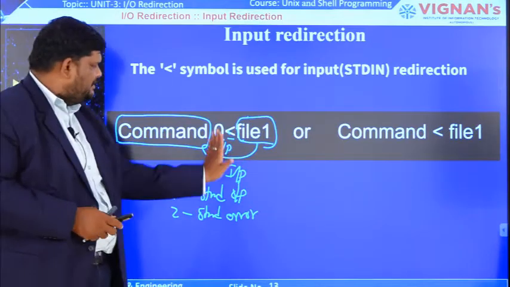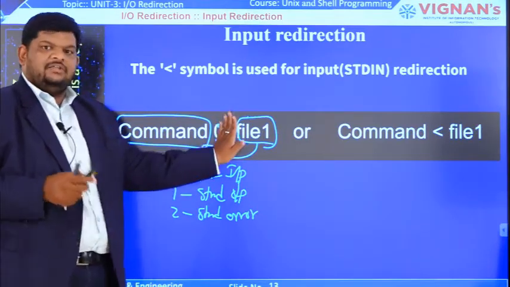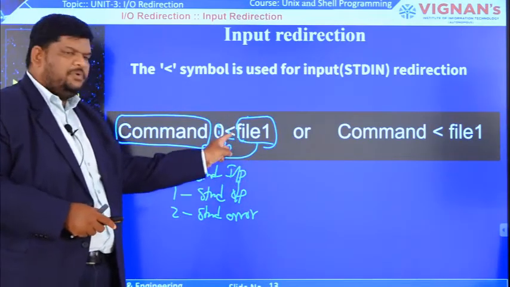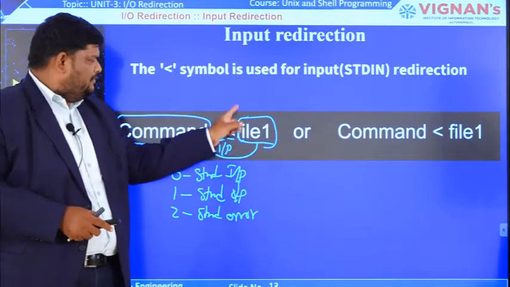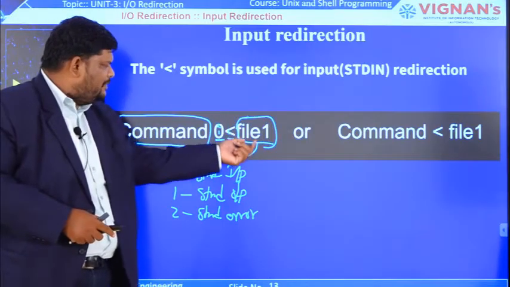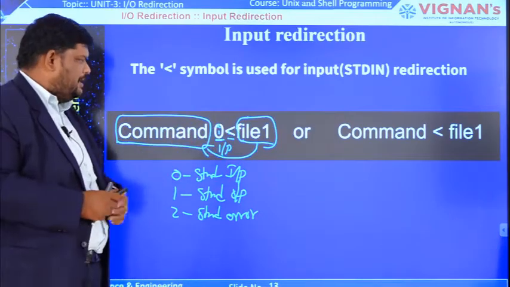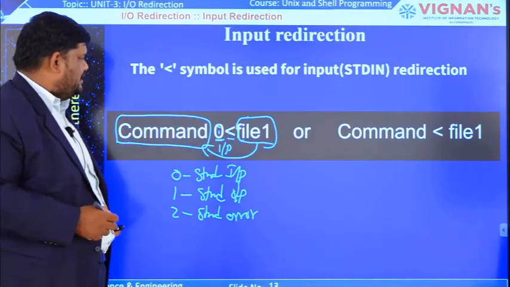If you do not mention this entire thing, that indicates we are providing the input through the keyboard. If you write input redirection and file 1, whatever file name we mention here, through that we provide input to this command. So this is the meaning of input redirection.